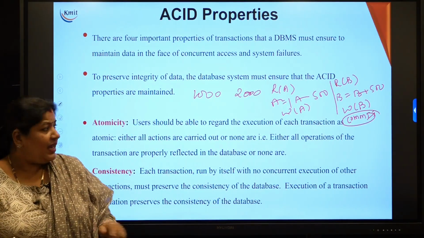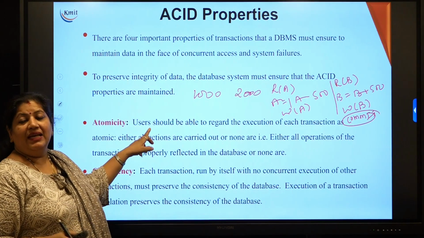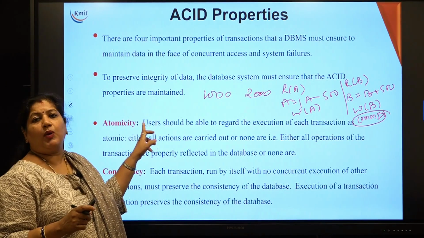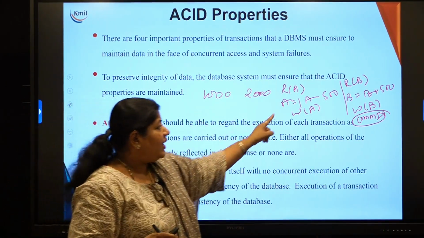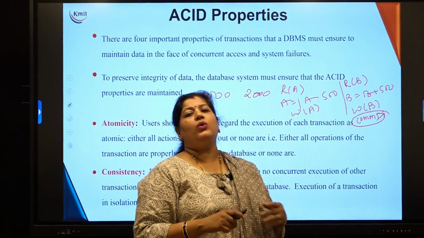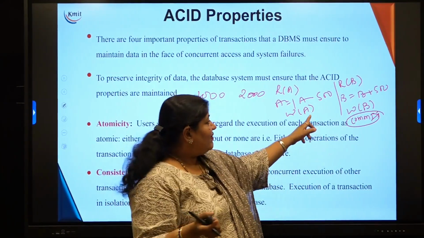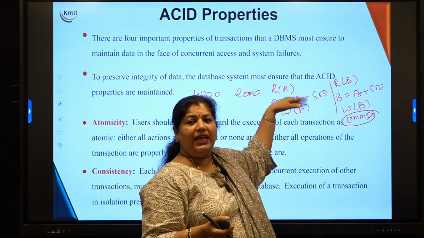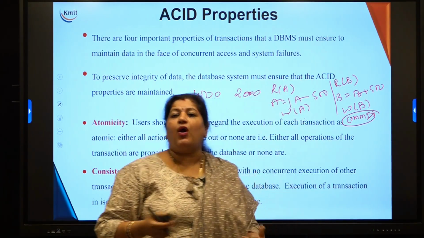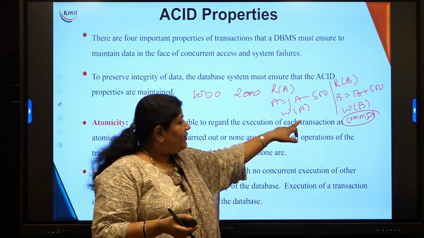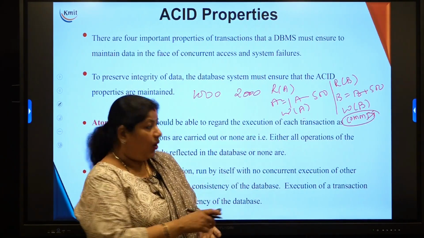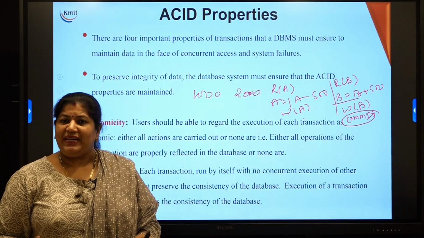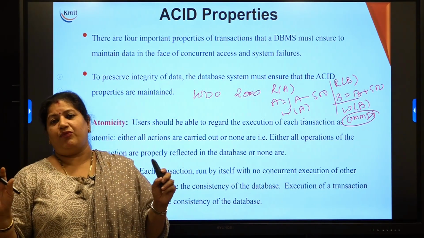That is why the ACID property, the atomicity property, ensures that either you do it all or you don't do anything. If it is halfway through, then cancel all the performed transactions. That means you have done up to this and it failed, or you have done up to this and it failed before committing, then you have to cancel everything.